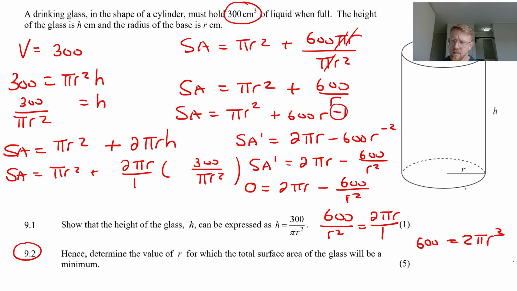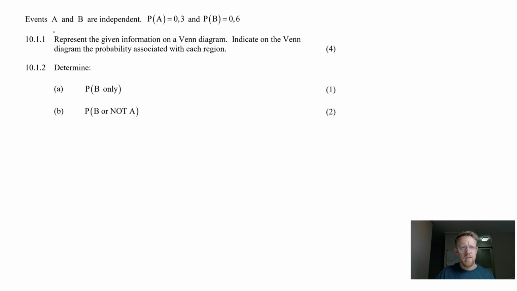Now to get the r alone, you're going to divide by 2 pi. And then you're going to take the cube root. And so you end up with that. And so if you had to go and work this out, you end up with 4.57 centimeters.